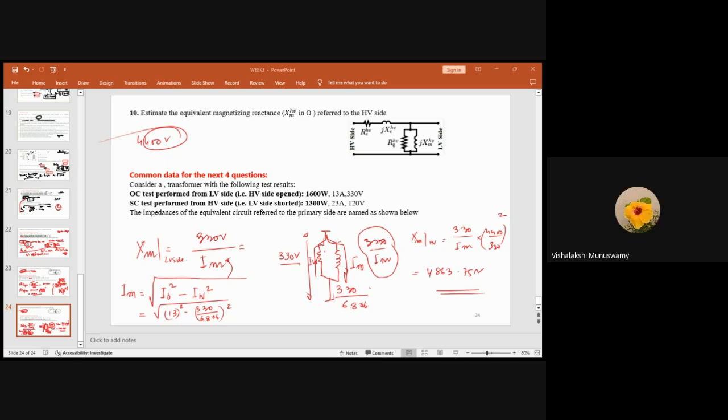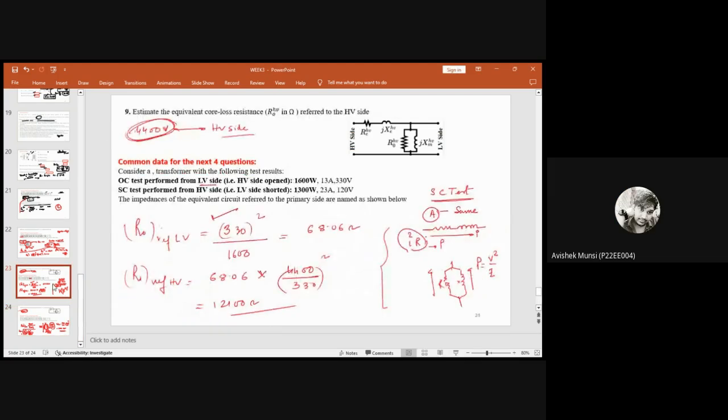Sir, for the ninth question, can we calculate R not directly on the HV side, sir? How will we calculate? Sir, after calculating the LV side only, we have to calculate the HV side, sir. Ninth question, R not value. Can you ask me another time? I didn't get your point.